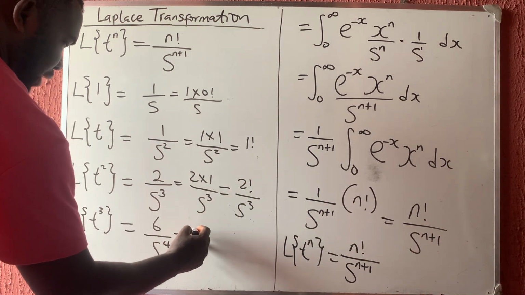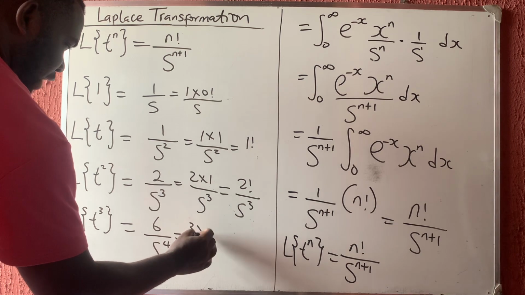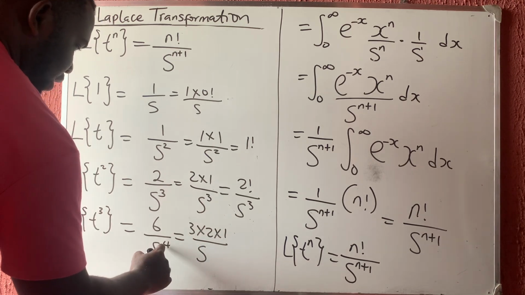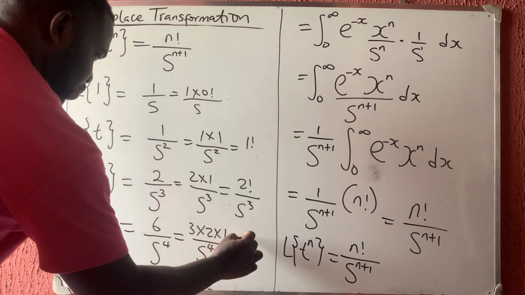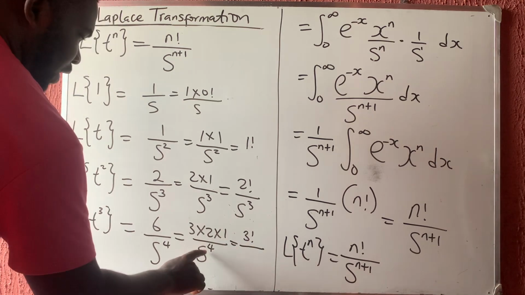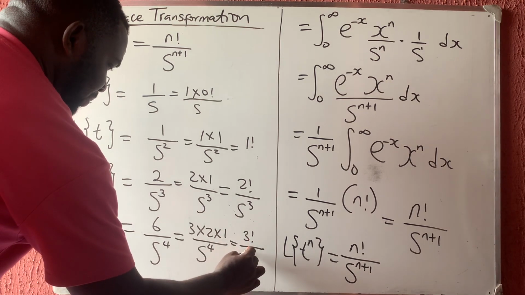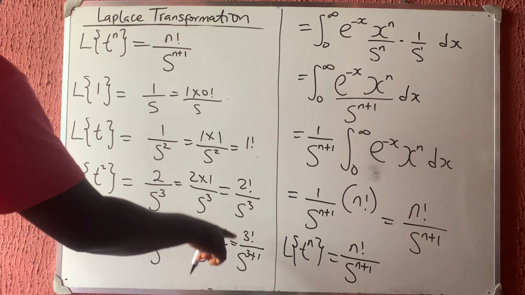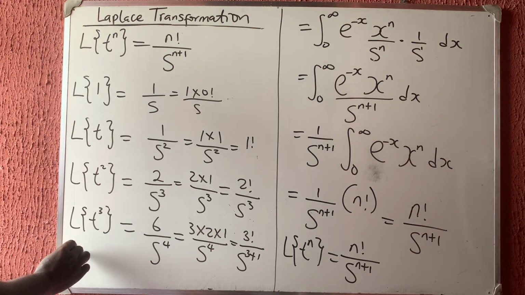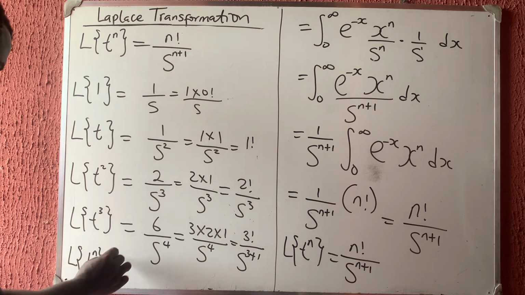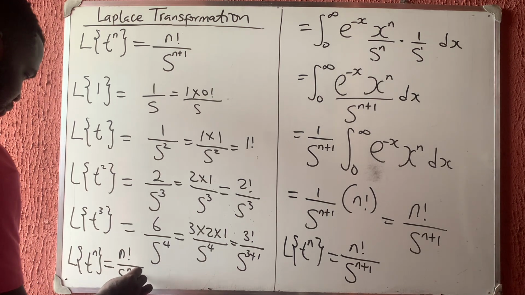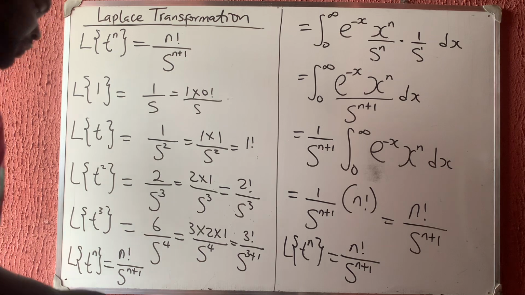So this one could be written as 3 times 2 times 1 all over s raised to power 4, which is 3 factorial all over s to the 4, where 4 could be written as 3 plus 1, and this one could be written as 2 plus 1. So you see the way it's going. This is now showing us that the Laplace transformation of t raised to power n is the same as saying n factorial all over s raised to power n plus 1. So that is that for that.